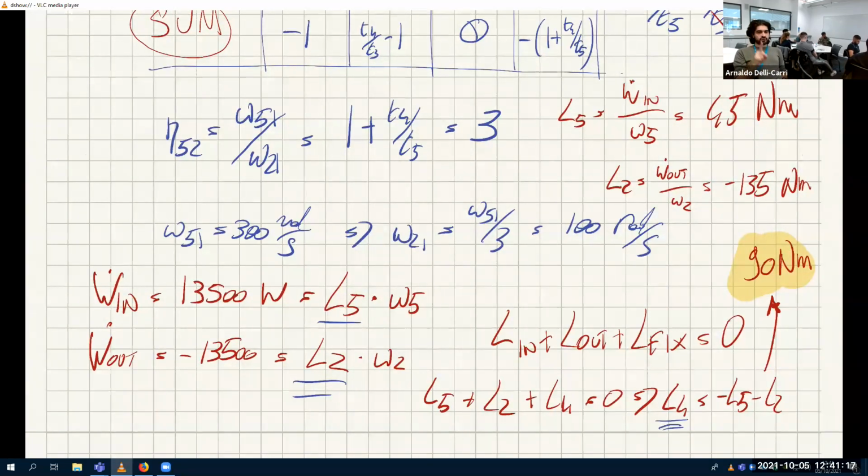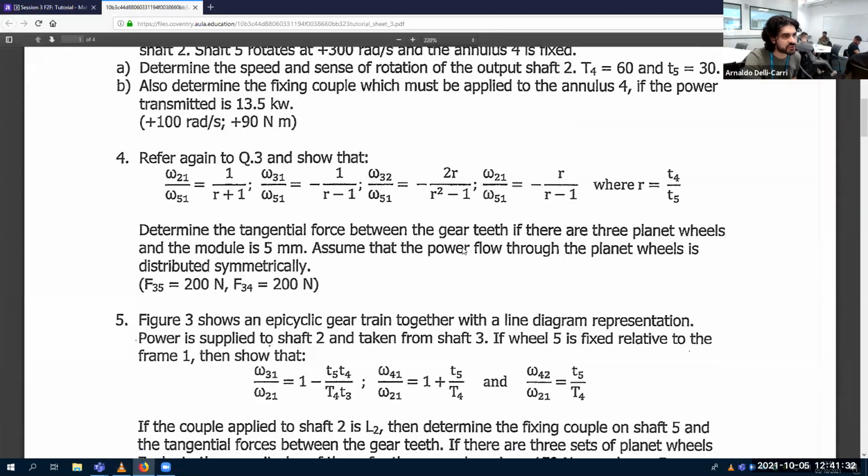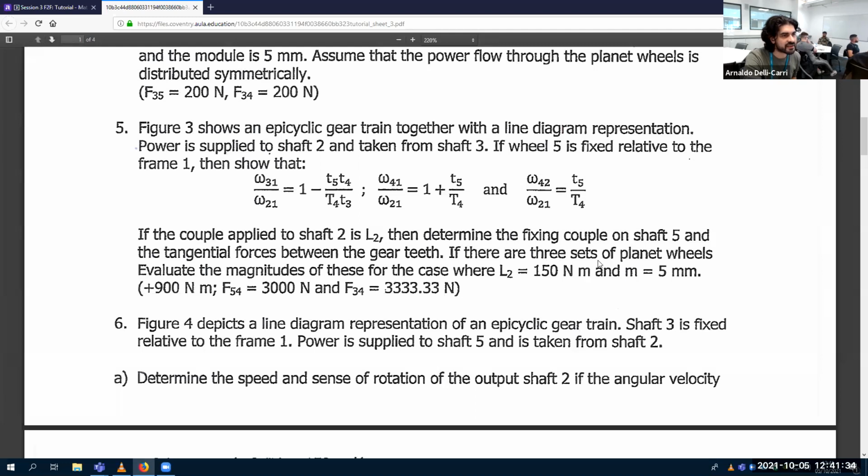The last thing I want to show you before we go home is the free body diagram of a gear that is rotating. Because some questions, like question 5, ask you, if there are 3 sets of planet wheels, what's the magnitude of the tangential forces that are being exchanged in the teeth?